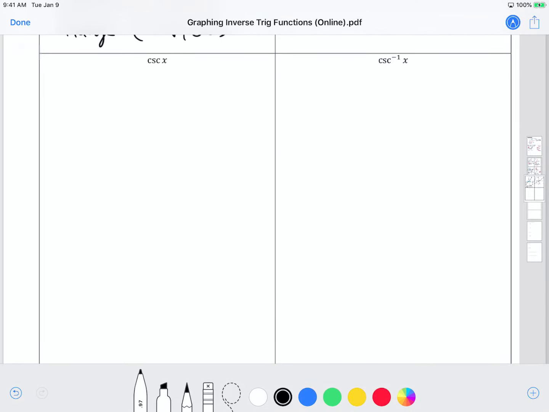For cosecant, our mother function looks like this.